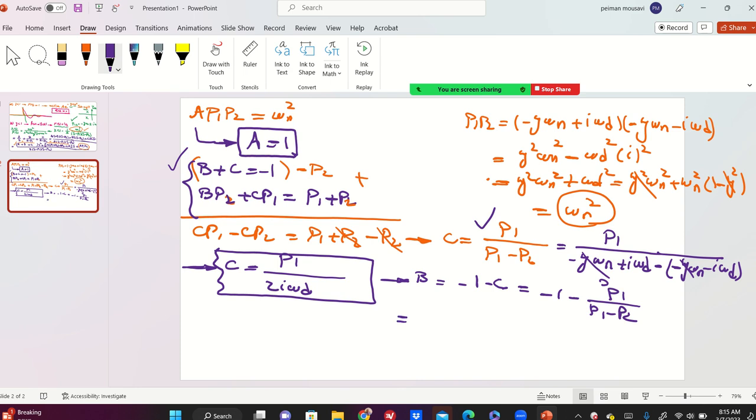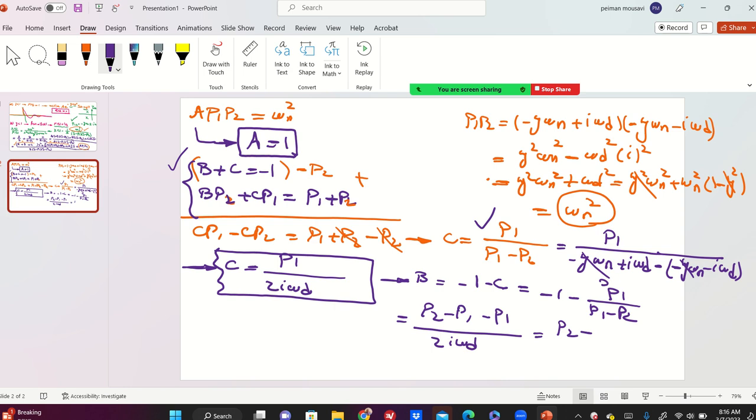So this is gonna be P2 minus P1, right? P2 minus P1 over, again, 2I omega d, because of the principles.